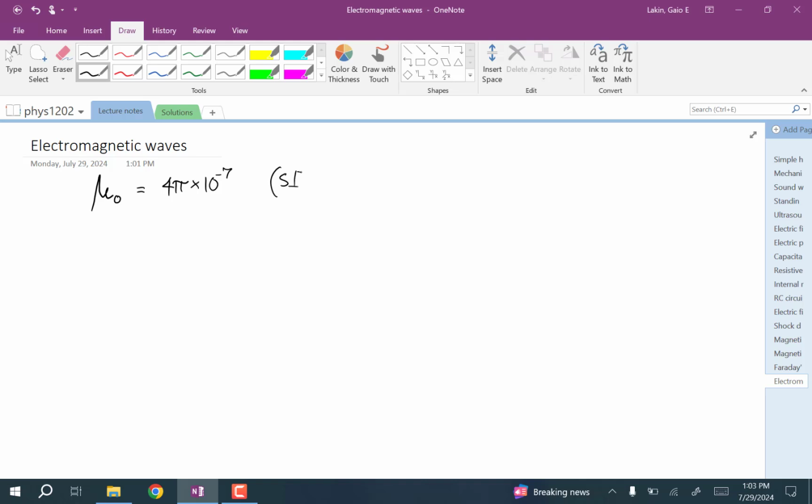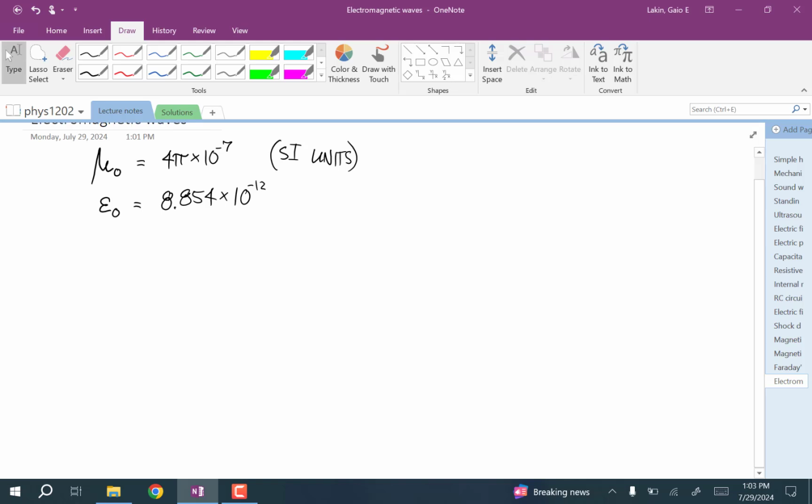I'm just going to say both of these are in SI units, so don't worry about it because they're complicated. And then the other one is epsilon sub 0, and that's equal to 8.854 times 10 to the minus 12th, also in SI units. So those are there whenever you need them for calculations.